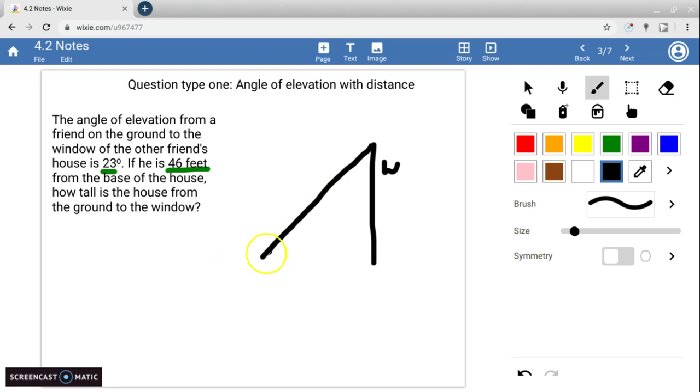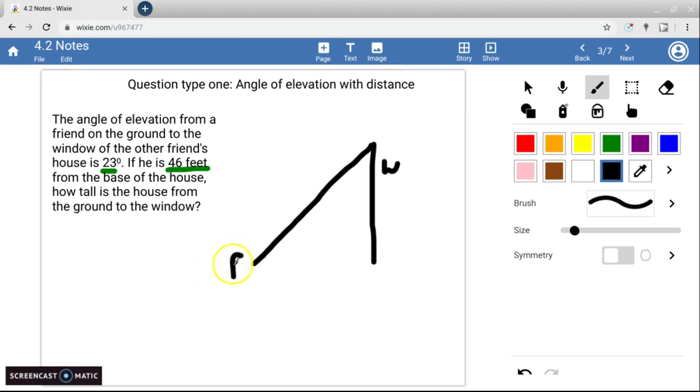And the friend that's down below I'm going to write as F. And the angle of elevation is not this one. It's going to be this one, because it's formed with the line of sight and also a horizontal line that I can draw in here.